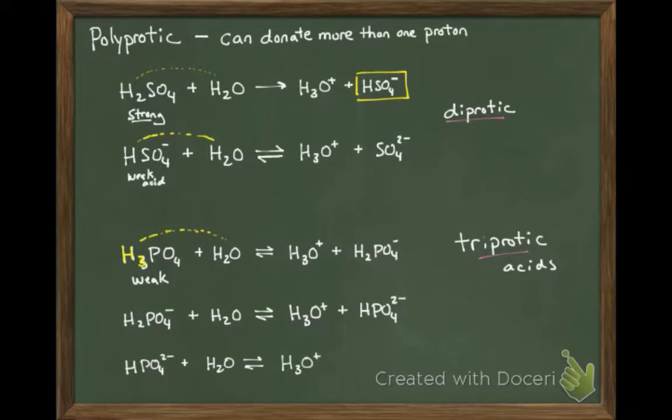The hydrogen from HPO4 2 minus is transferred as H plus to H2O, the proton acceptor, and then that leaves PO4 3 minus. Okay, so you can see all 3 hydrogens can be transferred from the phosphoric acid to water molecules. Now, these are weak acids, so these don't happen to any appreciable extent. In other words, they don't produce a lot of H3O plus, and that's represented with the double arrows.